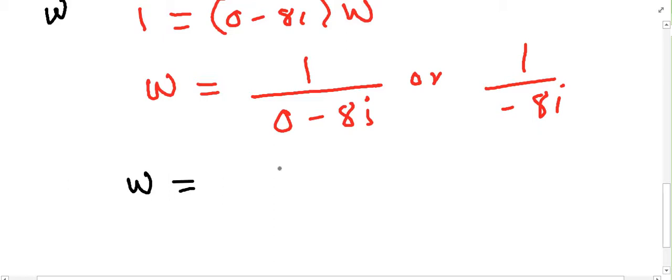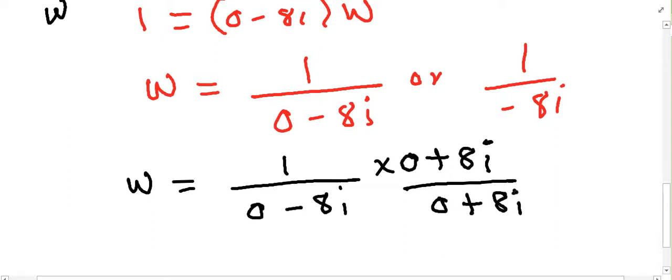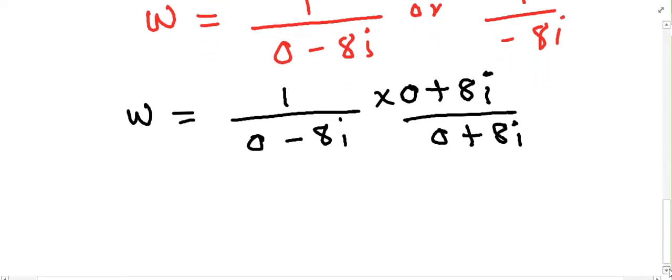So W is equal to 1 over 0 minus 8i. I multiply by the conjugate, which is 0 plus 8i, and then over 0 plus 8i.